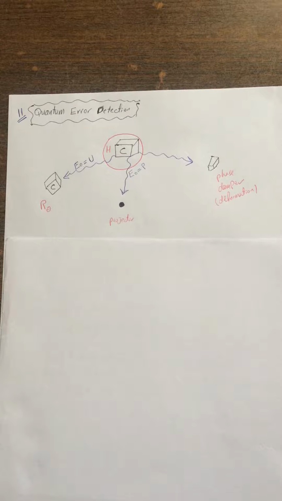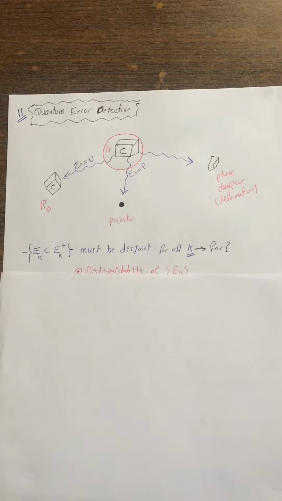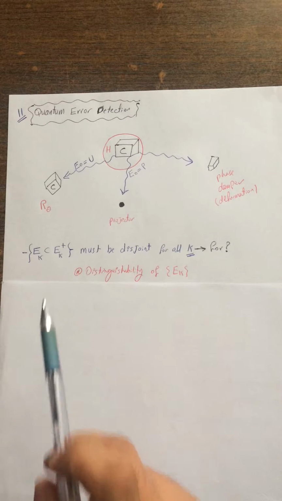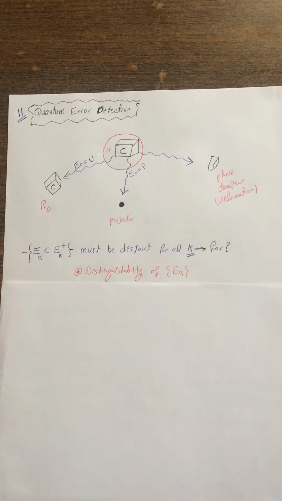So we would like to detect the error, and this is the whole story about this. Let us just try to say something about the operators, or the error elements of the operators in our system. Suppose that this E_k conjugate, this output result, is disjoint from the subspace, for all values of k.